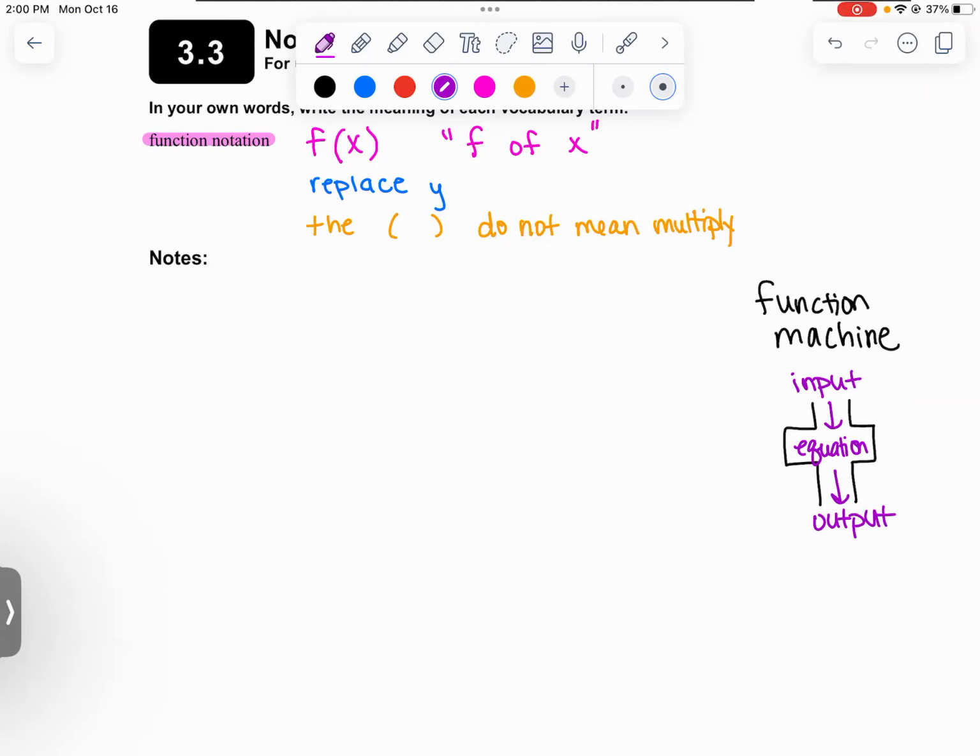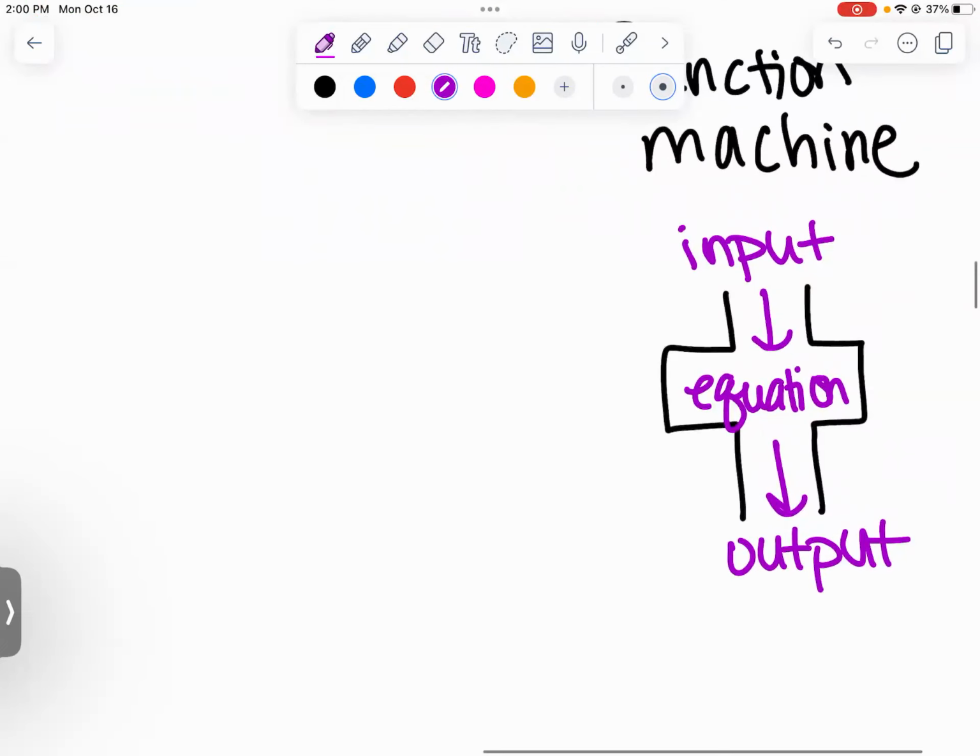Input, output. We've heard those words before. What letter have we been using for input? X has been our input. Y has been our output. We're inputting the X into the equation, and our output is going to be the Y value.